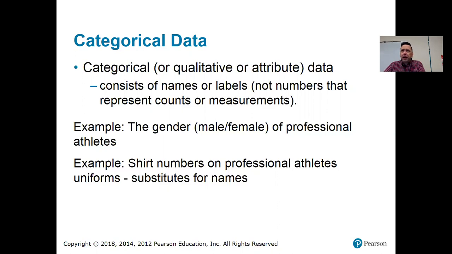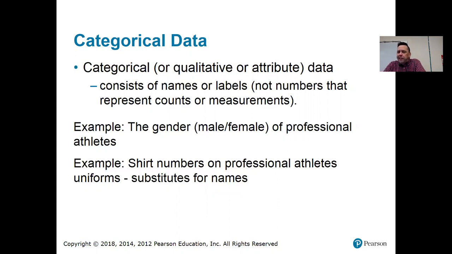If you would never think about doing any math with the numbers, like adding them, subtracting them, multiplying, dividing, or if it wouldn't even make sense to put them in order. And jerseys are an example of that. The numbers on the back of sports jerseys, there's no meaningful way to put those in order even. Okay, the best person on the team is not number 1. The worst person is not number 99, right? That's not the way it works.